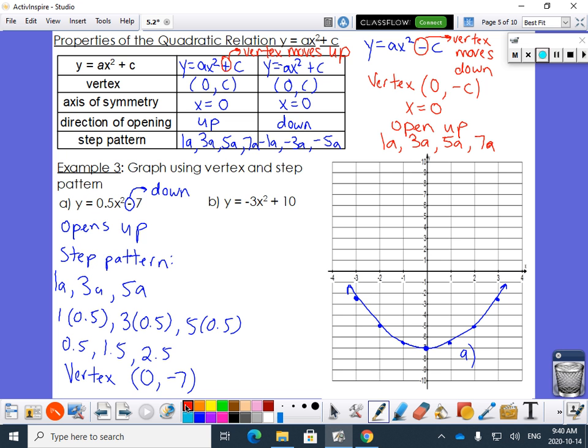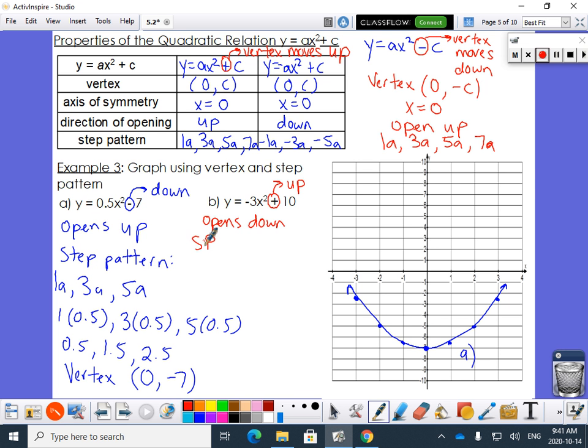Okay, next. Let's do this one in red. Right away, does this guy open up or down? Opens down because the A value is negative. This is going to tell us that it's going to vertically shift up or down. Up, good job. Step pattern.